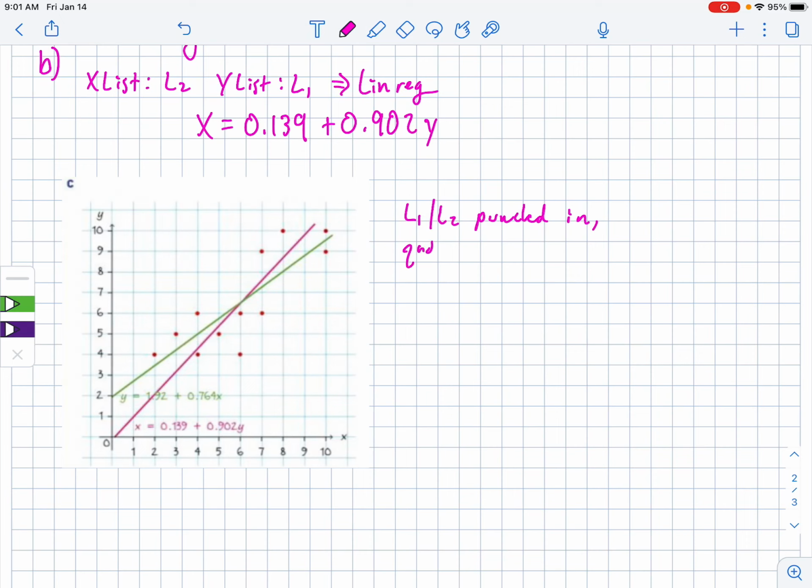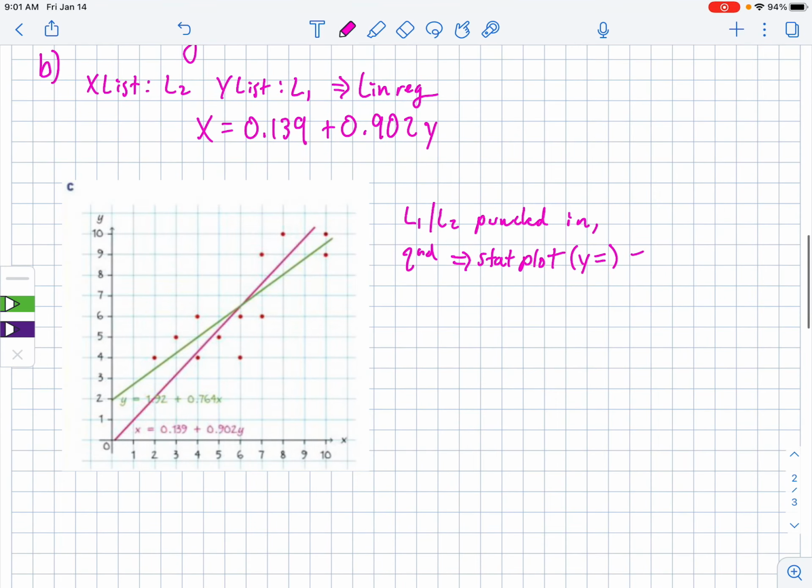Then you hit second stat plot. The stat plot button is right above the y equals button. And then once you're in there, you need to go into plot 1, and then highlight on and hit enter.